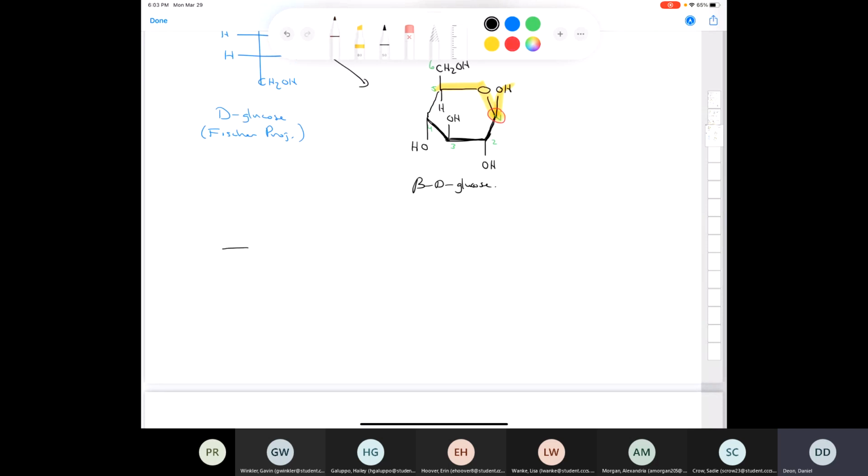If you draw the carbohydrate out like this, you have your aldehyde here, you have a hydroxyl here, you have this CH2OH, okay? You have this hydroxyl pointing down, you have this one pointing up, and you have this one pointing down, right? This is D-glucose, not L-glucose, okay?